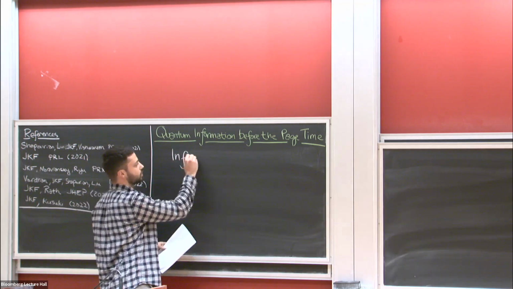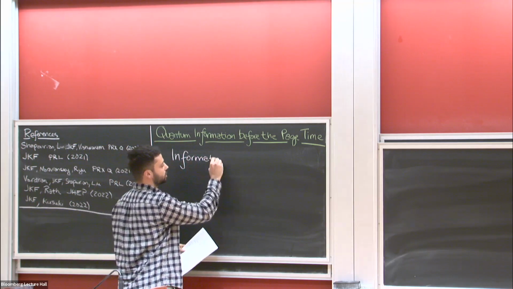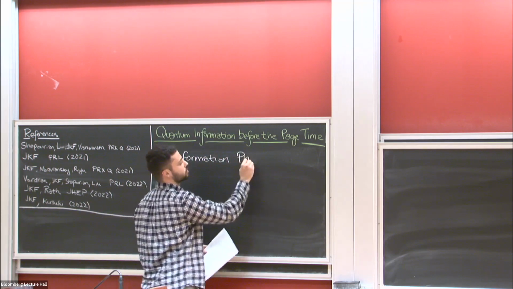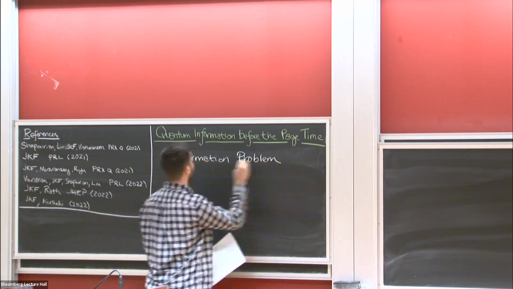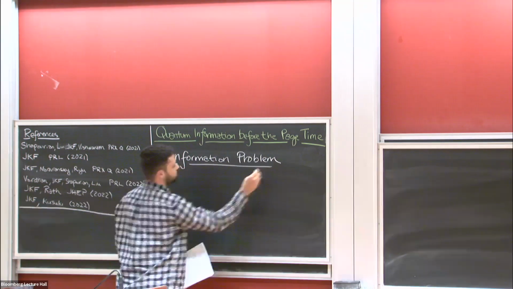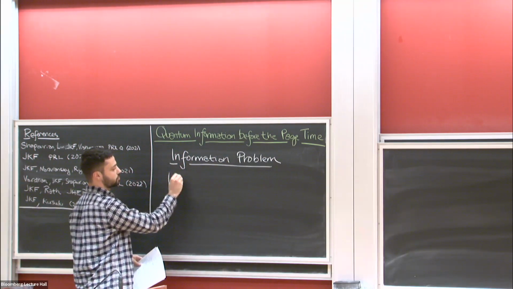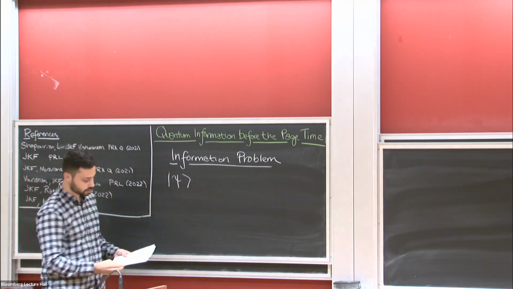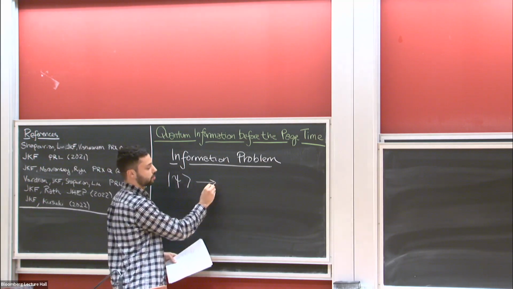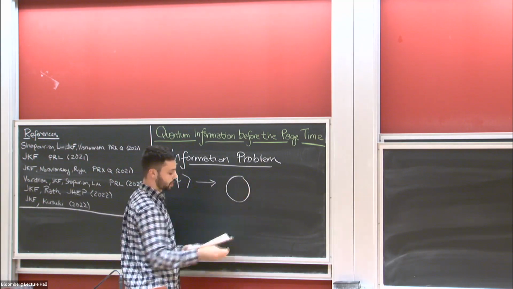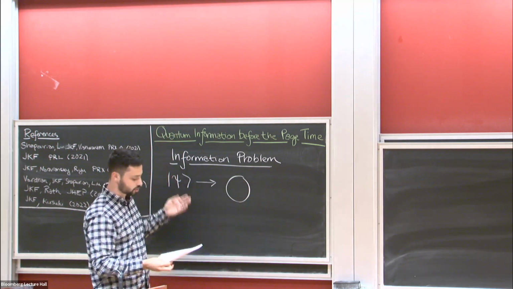So the information problem setup is the following. Consider that we start with some pure state of matter that collapses into a black hole, or we get a black hole somehow that's in some pure state.